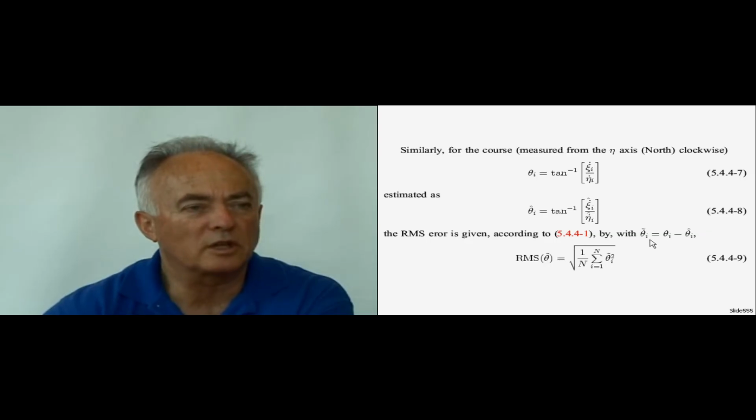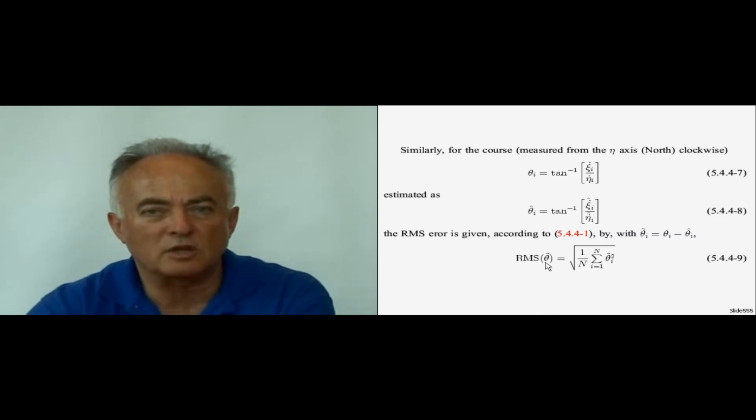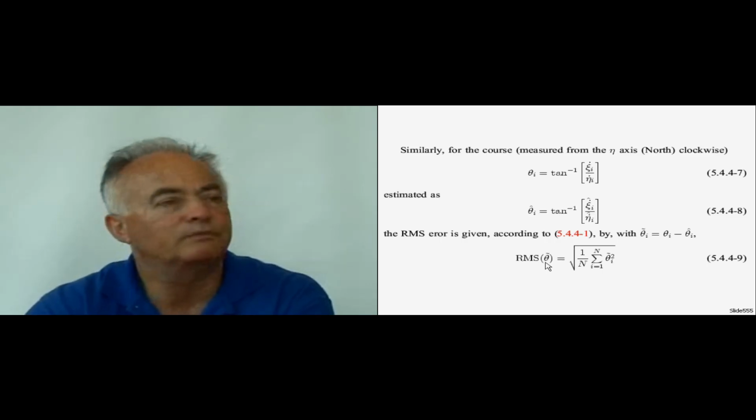Then the difference θ_i tilde is θ_i minus θ_i hat, and we use the standard expression for the root mean square error of the course coming out of a filter, which is estimating the state vector of an object moving in a plane in this case.